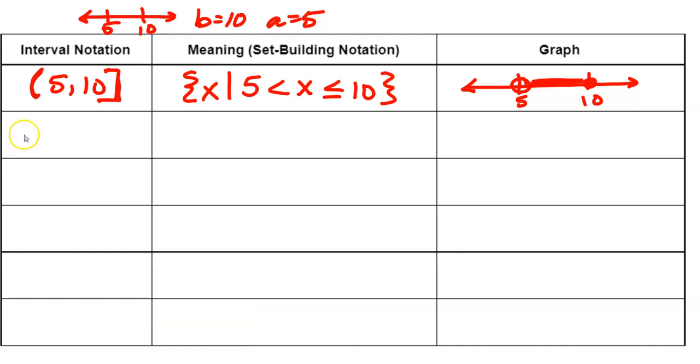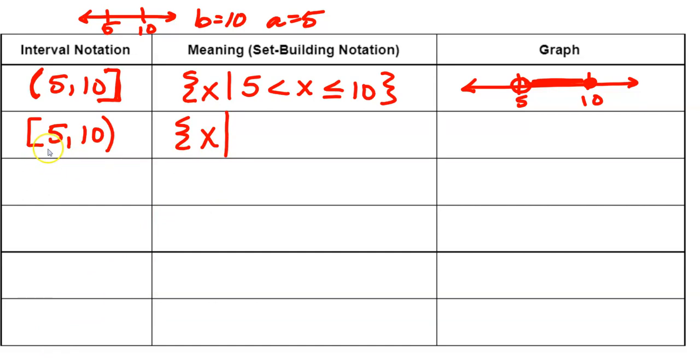Now, what if I switch these around and I have a bracket 5, 10 with a parenthesis? Then I basically switch up that meaning. Now I'm including the 5 and I'm excluding the 10. So we do our little brace with our variable x. You can use any letter, such that we have a straight up and down line.